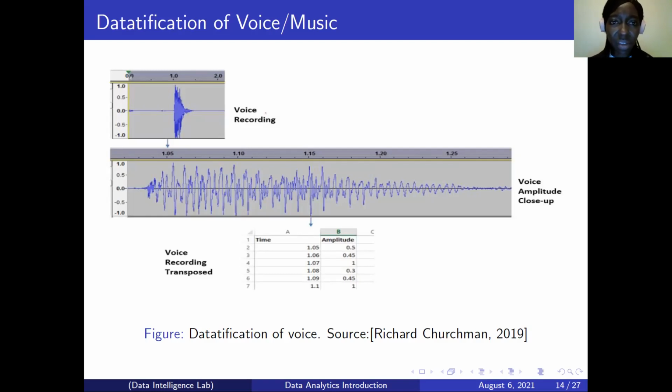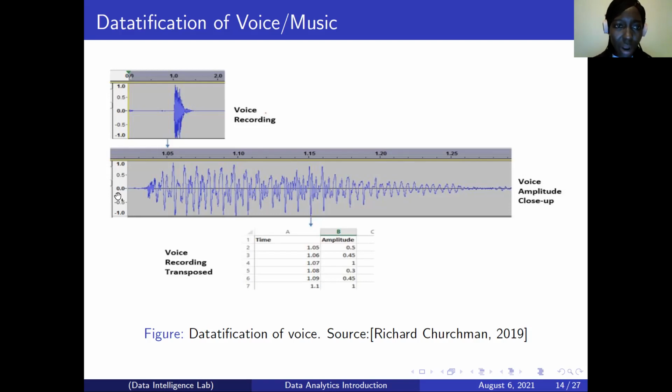So one form of datafication is datafication of music or audio. So music or audio, when spoken, like I'm speaking to you now, comes in forms of various altitudes of sounds. Now, these altitudes are like heights when plotted on a graph.